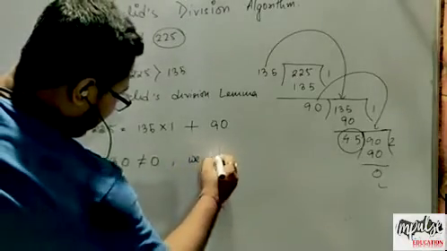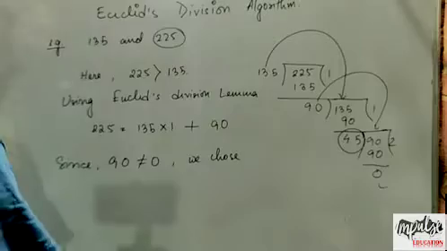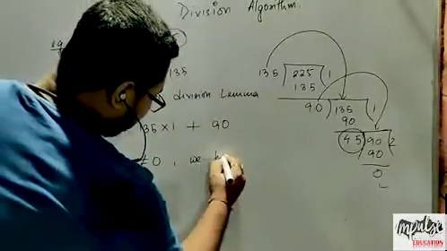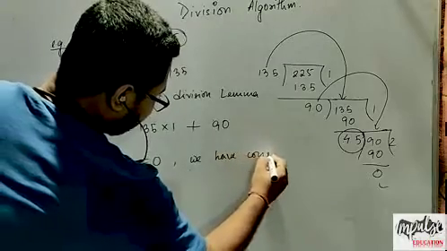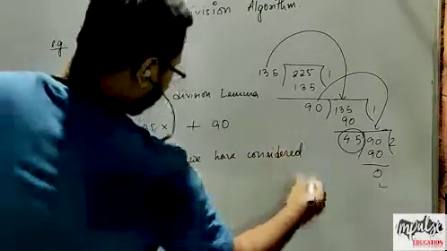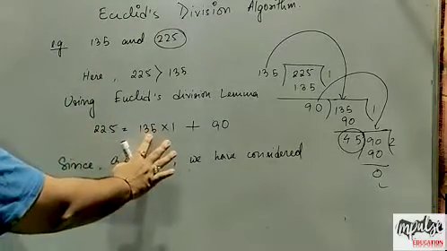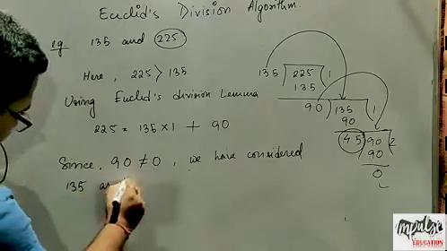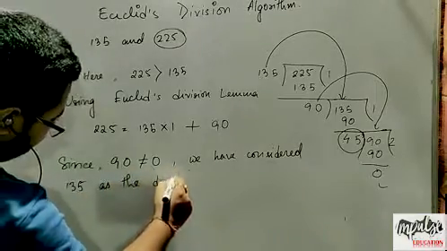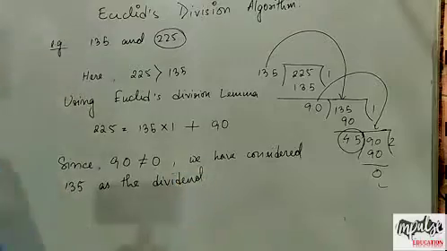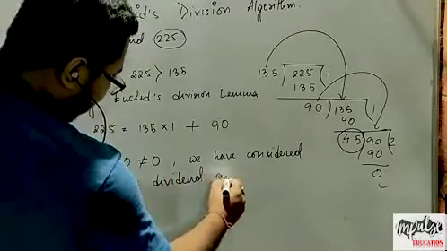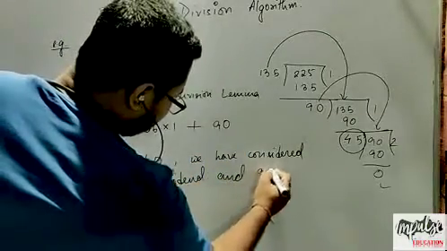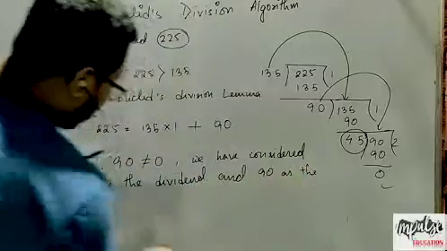We have considered 135 as the dividend, and 90 as the divisor.